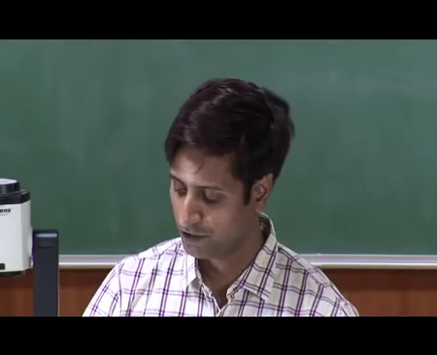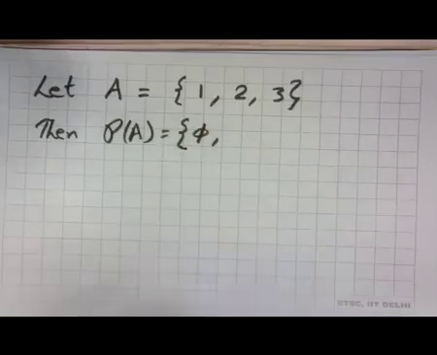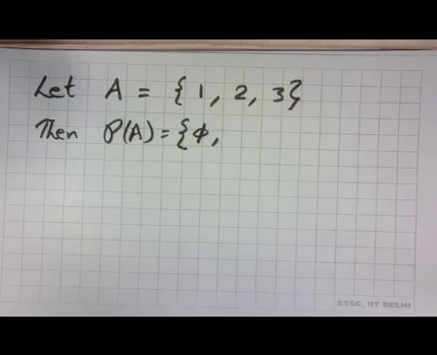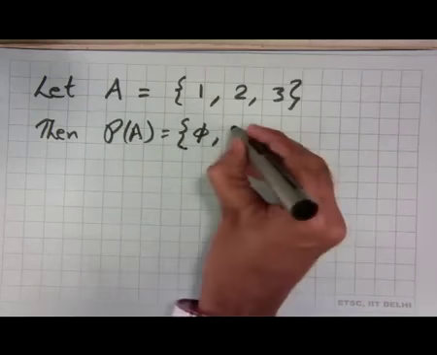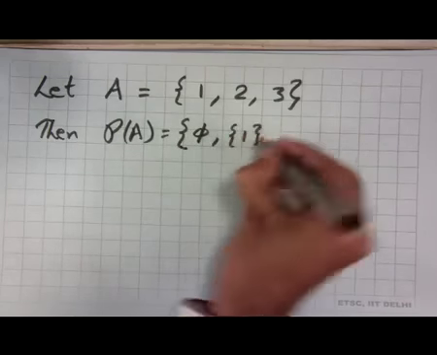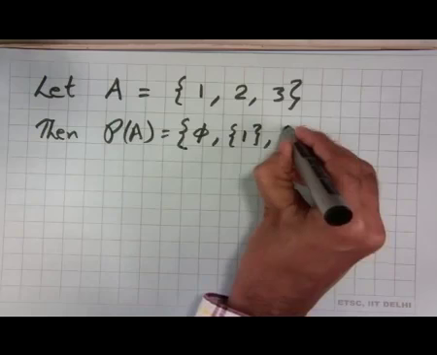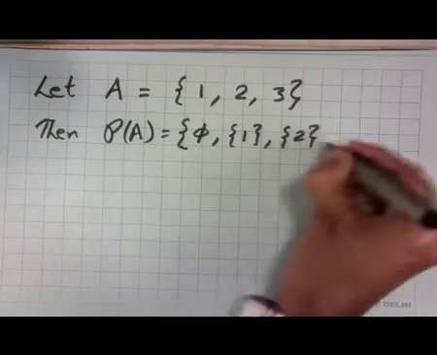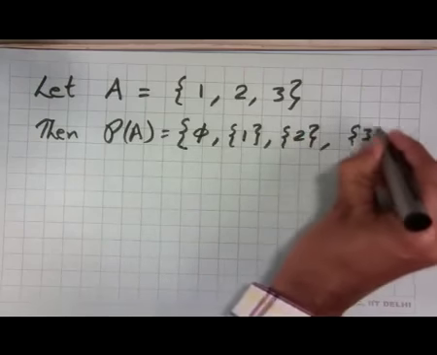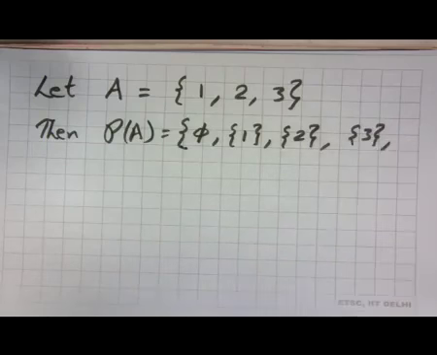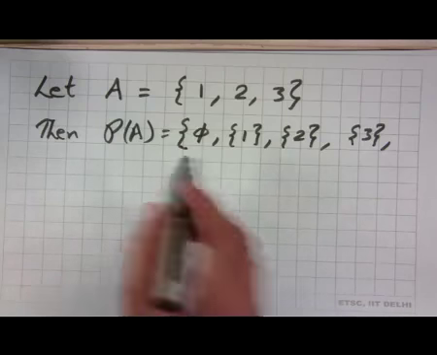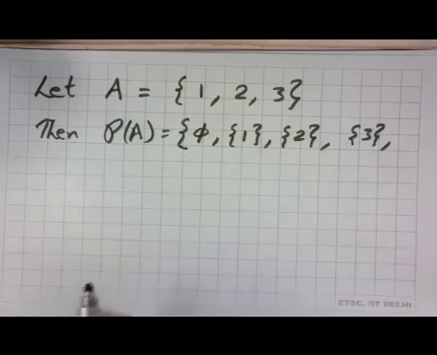So, empty set is in the power set. Then we list down all the subsets of A which contain only one element. So, we have the set {1}, the set containing 2, the set containing 3. So, we got all the sets containing 0 elements, then all the sets containing 1 element, then you can list down all the sets which contain 2 elements.